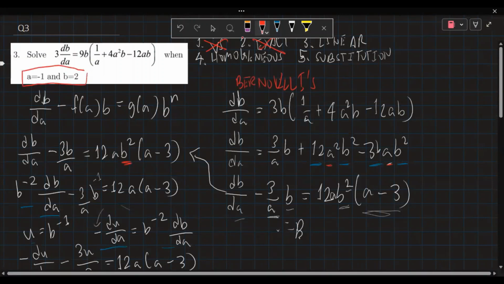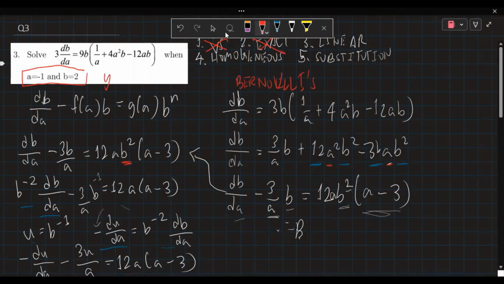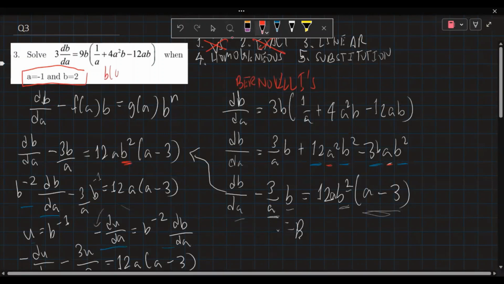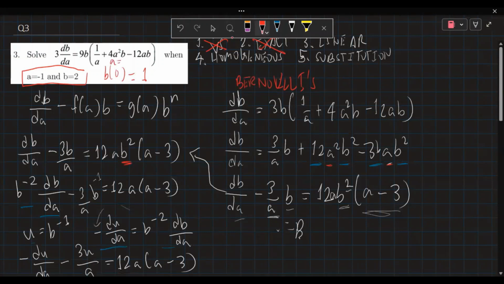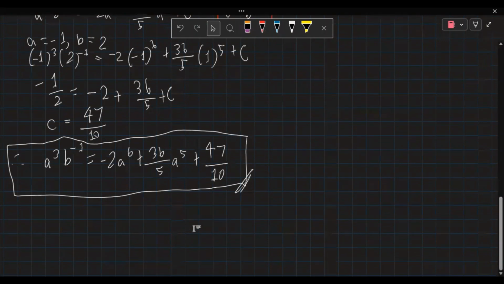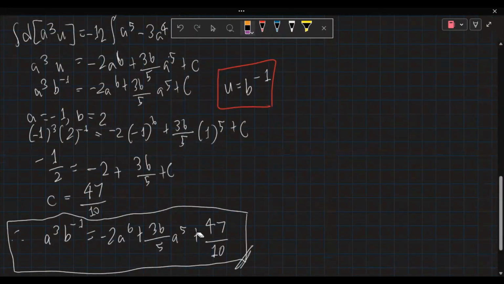So always remember, if they give you values just like this, or yung IVP, let's say b of 0 equals 1. So this just basically means that when a is equal to 0, b is equal to 1. So you just have to input that into your equation that you have solved through the integration. So through that, we can solve for c.